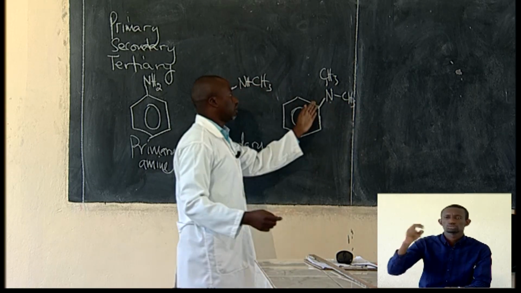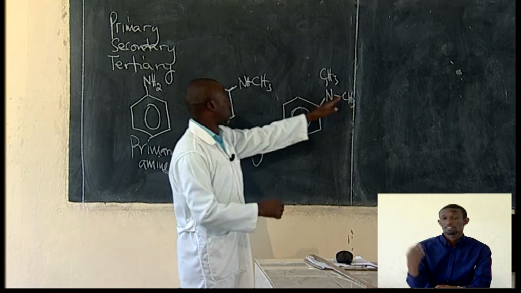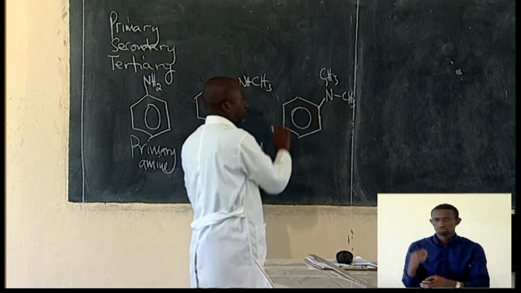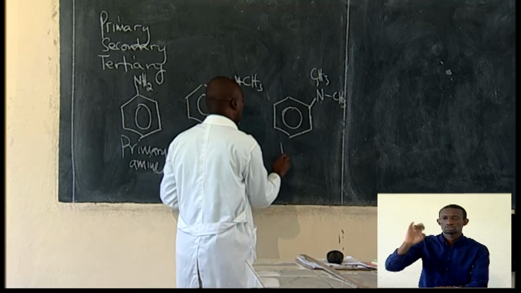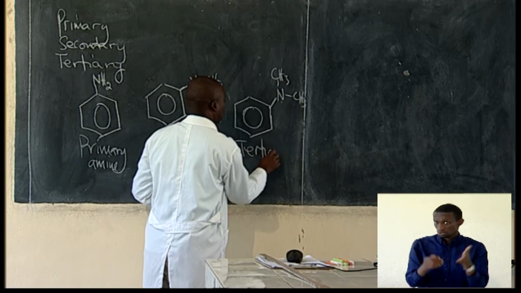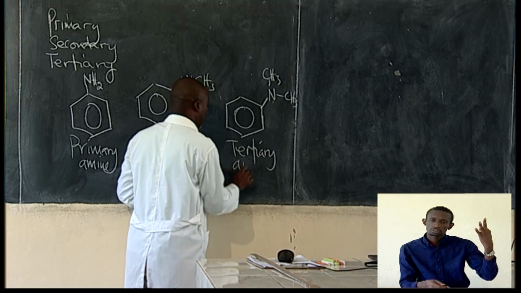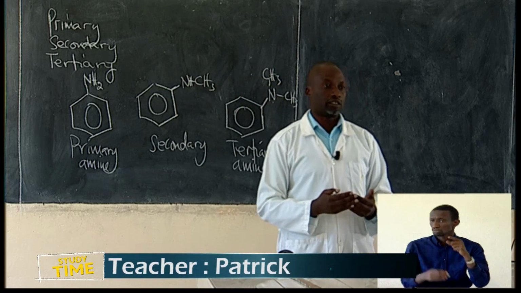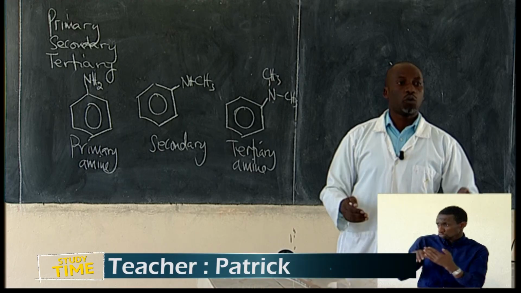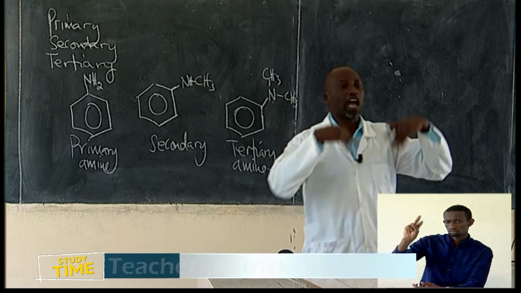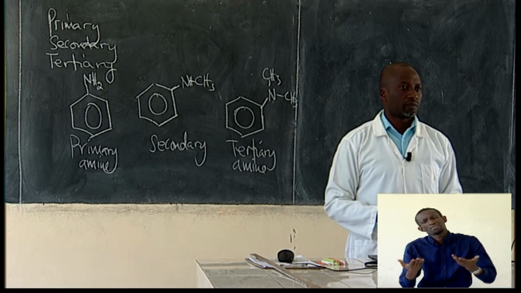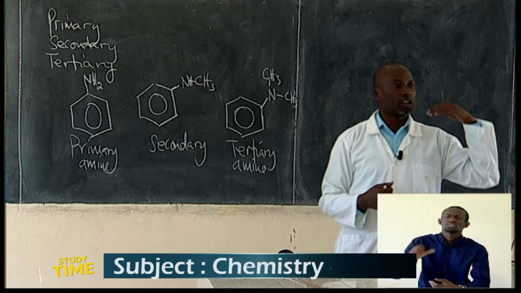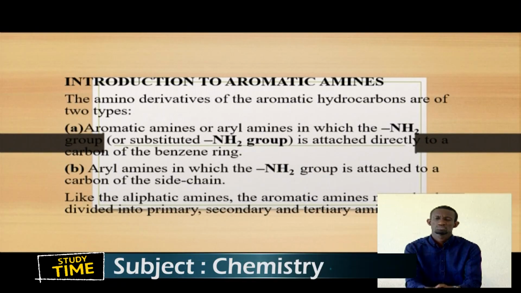When you look at this one, there are three groups, the three alkyl groups, including the phenyl. So this is a tertiary amine. Remember, these are aromatic. Or we may have amines with other substituents as well.